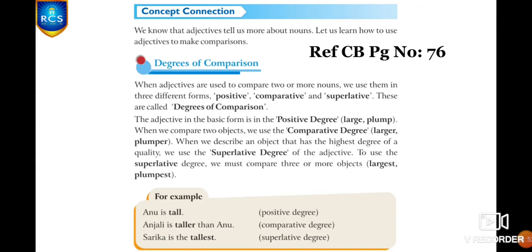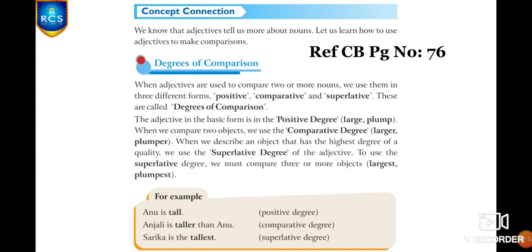For example, large, larger, small, smaller, big, bigger, tall, taller. These are all smaller adjectives, so we are adding er to it to convert it into its comparative form.